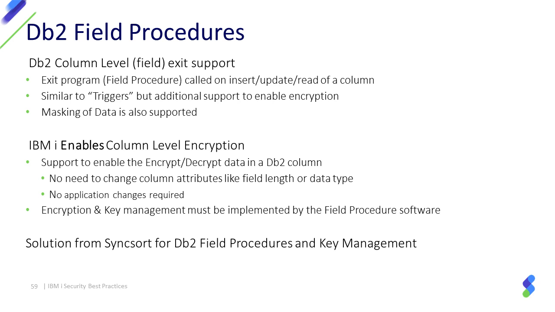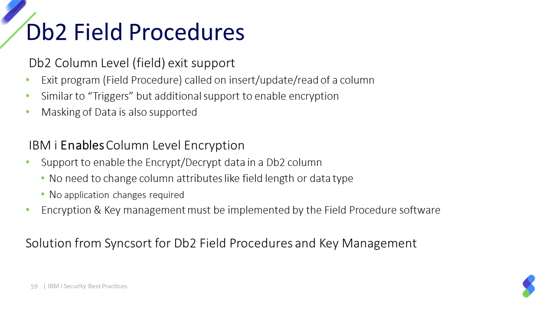The trick with this is that you need to be a pretty competent programmer to be able to create this DB2 field procedure, right? It involves adding the encryption algorithms to a program and so on. But the big problem here is, okay, what do you do with your encryption keys?